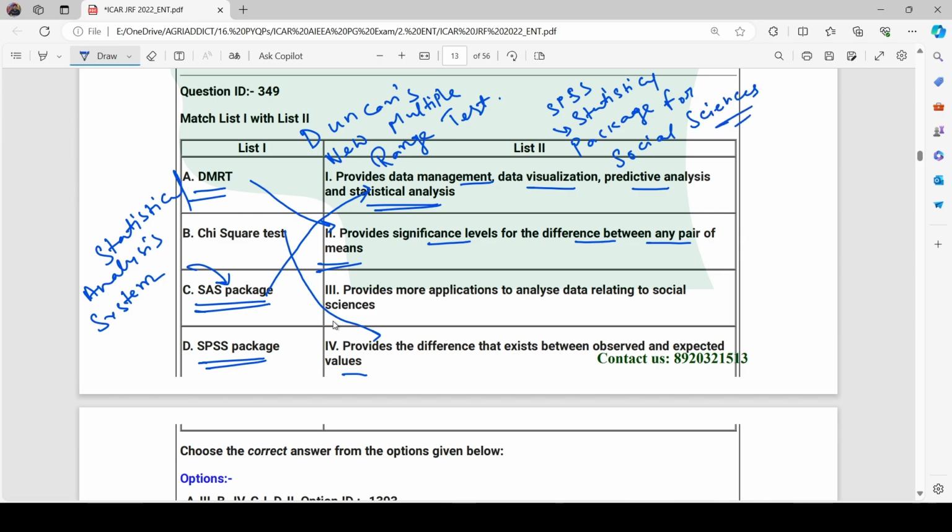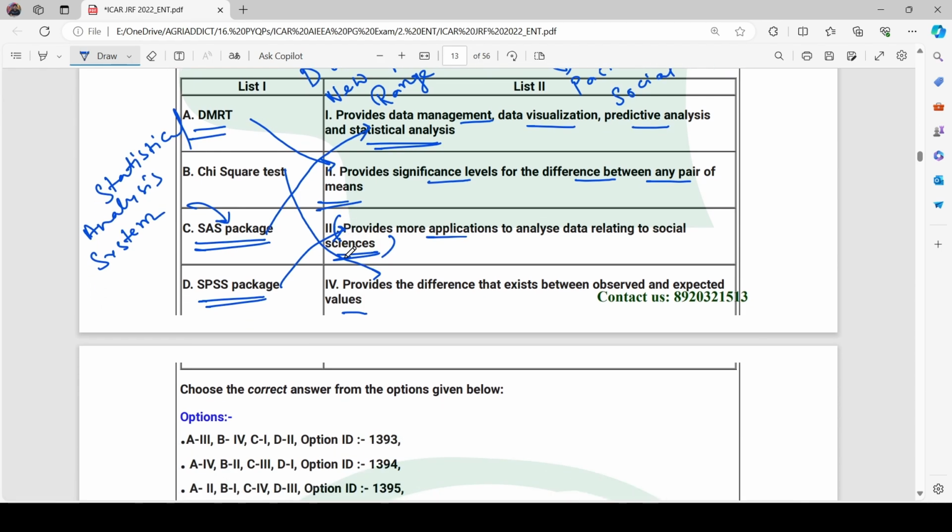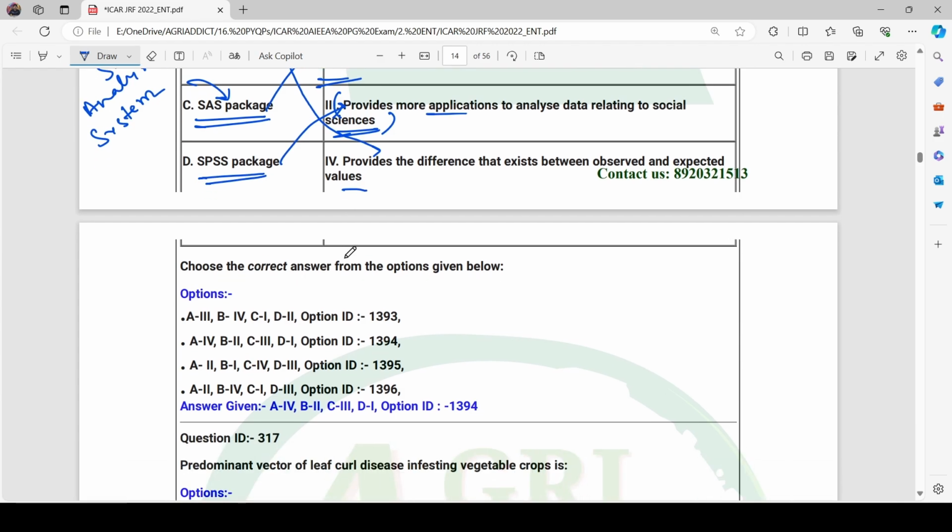So one direct answer is there, that is it provides more applications to analyze data relating to social sciences. So directly from the full form, you can get to know the answer. So option 4, A2, B4, C1 and D3 is the correct answer.